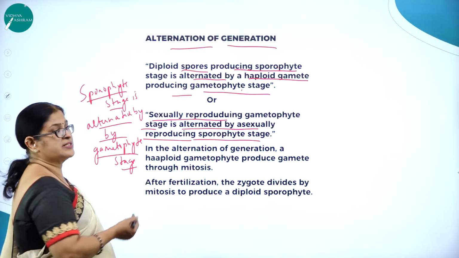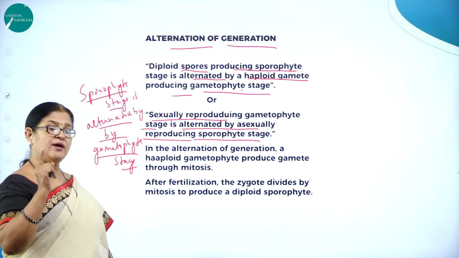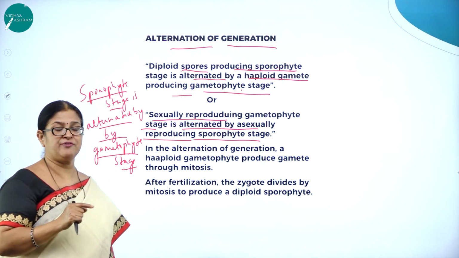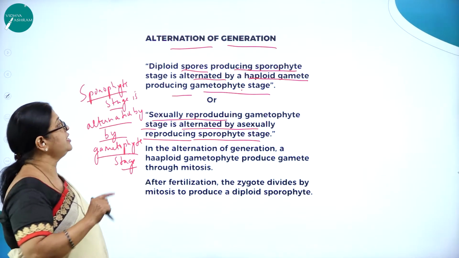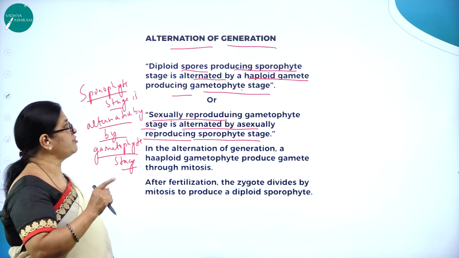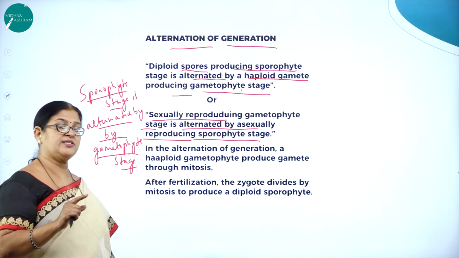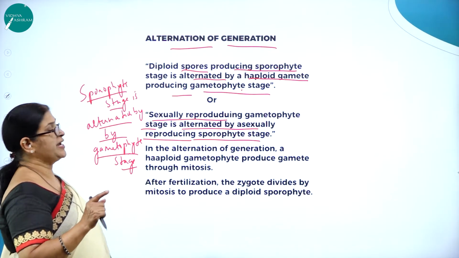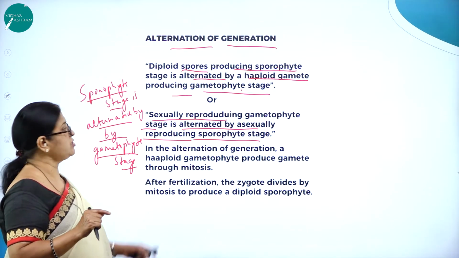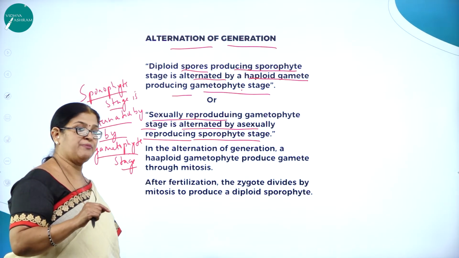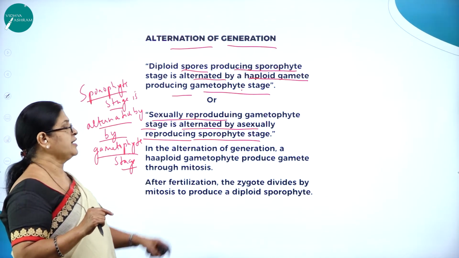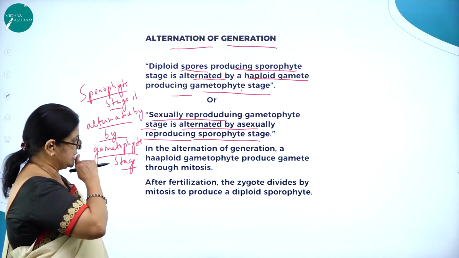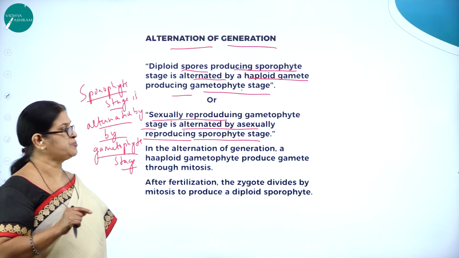This is a very important concept, and one question you will definitely get from this concept. So how do we define alternation of generation? The diploid spore-producing sporophyte stage is alternated by the haploid gamete-producing gametophyte stage, or the sexually reproducing gametophyte stage is alternated by the asexually reproducing sporophyte stage.